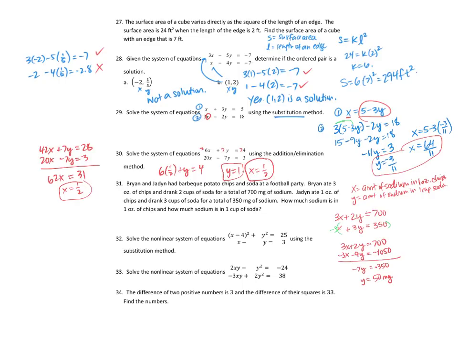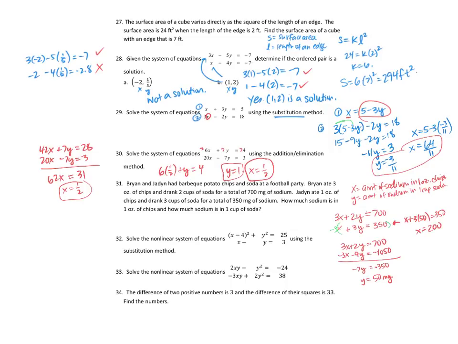And then if that's what y is, then I can take this equation 2 that I started with, and I can say x is equal to 350 minus 3 times 50, which is 200.